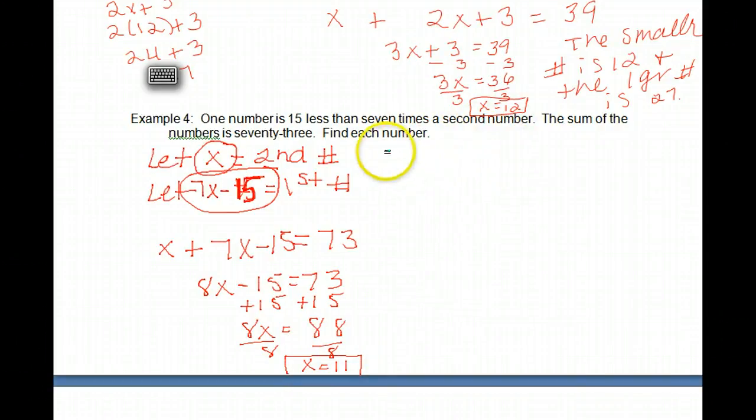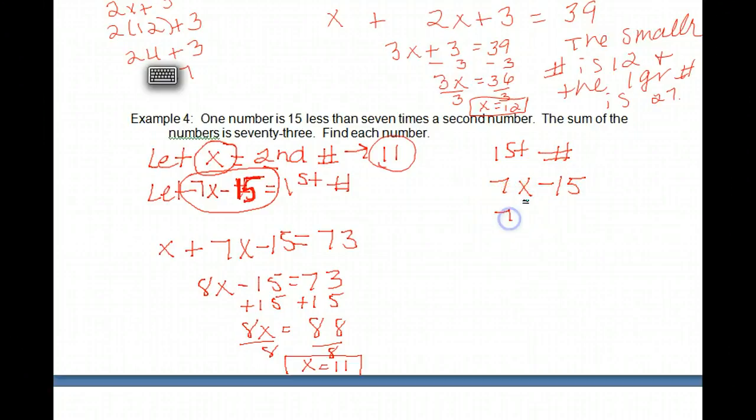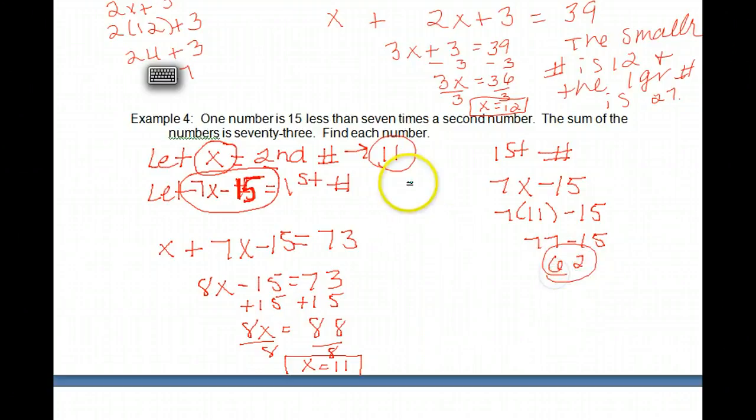Now, when x equals 11, that simply told me my second number. In order to find my first number, I must plug my 11 into the expression 7x minus 15. 7 times 11 is 77. 77 minus 15 is 62.